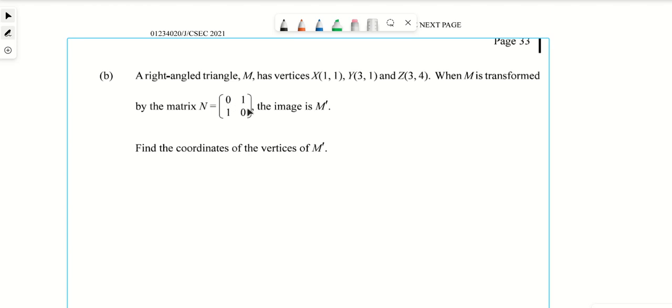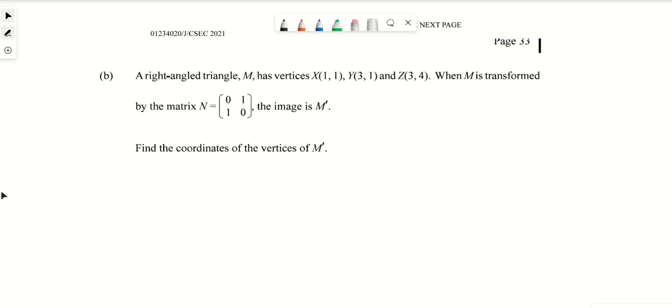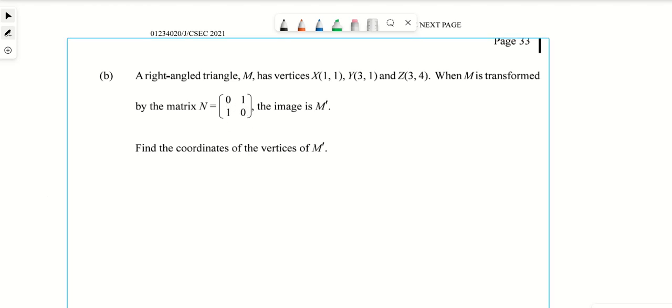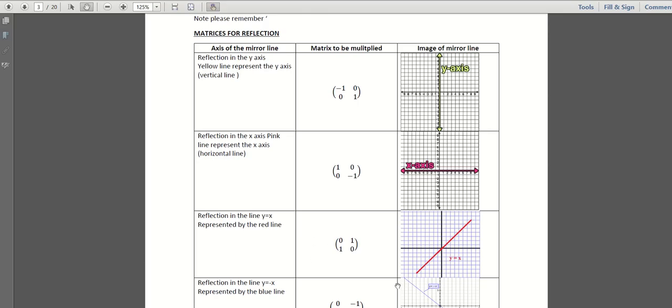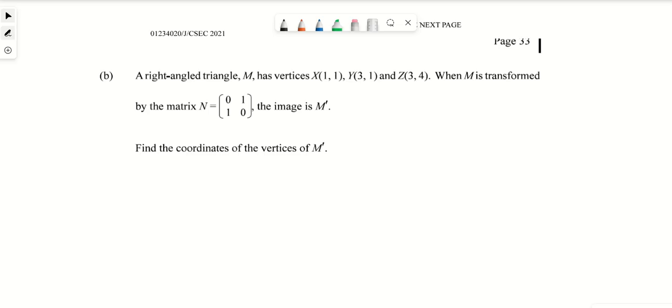Now, first off, this 0, 1, 1, 0, we have seen it already. This is where X is equal to Y, this little line here, or Y is equal to X. So it is a reflection.